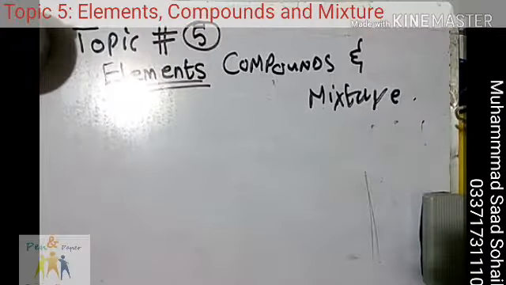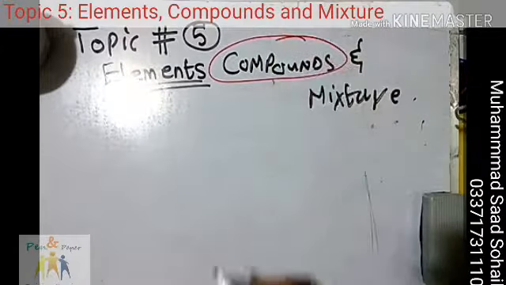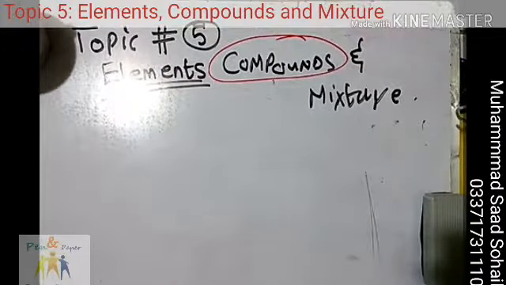Now let's look at what compounds are. Remember that a compound is made of atoms of different elements bonded together. The compound is specifically described by a formula made from the symbols of the atoms in it.